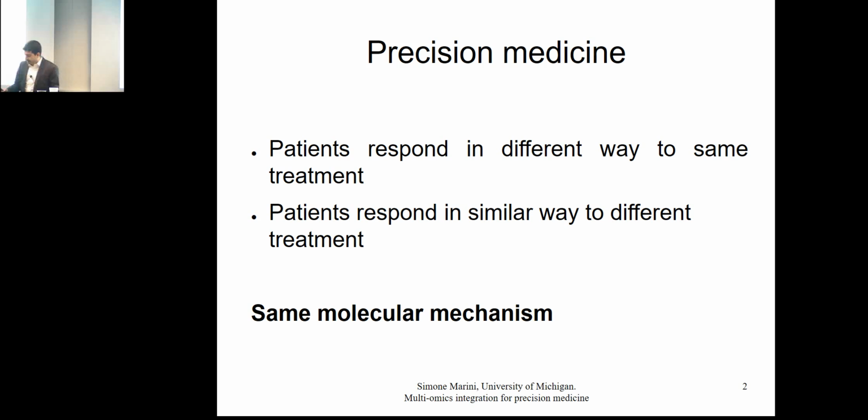So this idea may come from the fact that traditionally we categorize diseases based on symptoms, based on what we can measure, but of course the very same disease may present different symptoms.